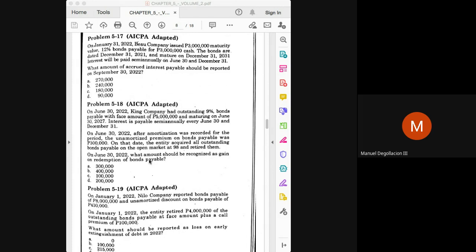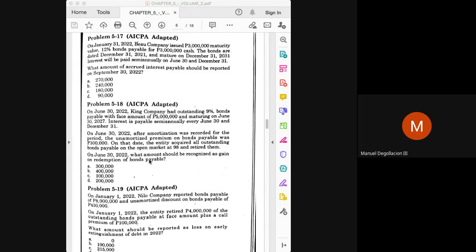If the redemption price is greater than the carrying amount of the bonds payable, then you have a loss because you are paying more than the book value of your liability. If the redemption price is lesser than the carrying amount of the bond, then the transaction will result in a gain on redemption.